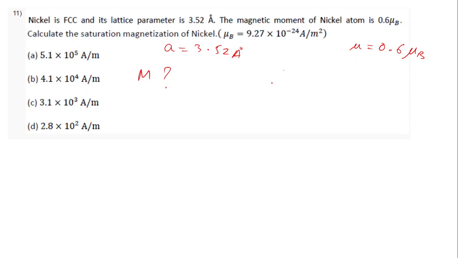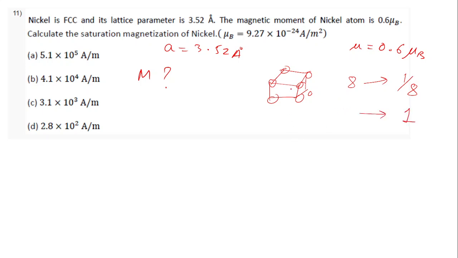In FCC, these we had discussed in earlier sessions. FCC has atoms at the corners of one unit cell, all 8 corners. So there are 8 atoms sitting at the corners, but their contribution within one unit cell is only 1/8. So corner atoms in total give 1.